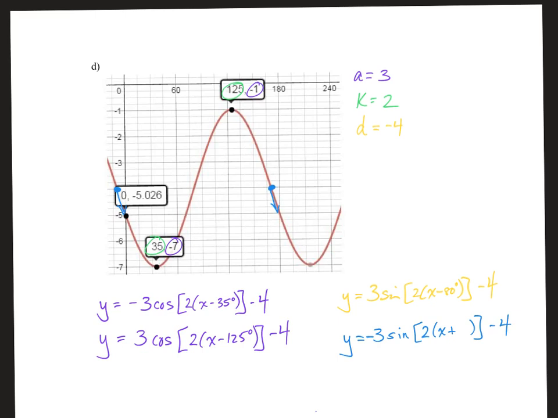Now, how far do I have to phase shift it to the left? Well, it would have to be half that distance from my max to my min, or a quarter of my period. I'm going to have to phase shift it to the left 45 degrees. Now, that's 45 degrees from the 35 degrees. And therefore, it would be a phase shift left 10 degrees. Those would be your 4 most common graphs that I would expect to see.